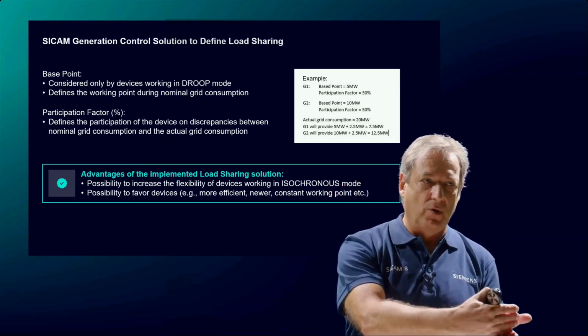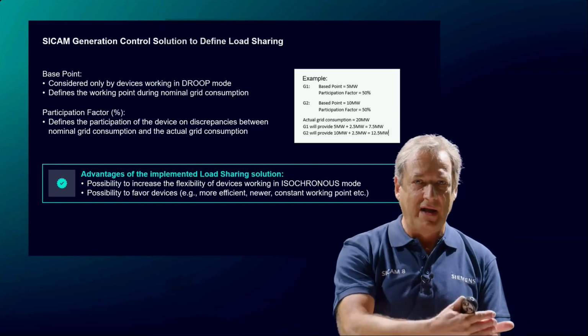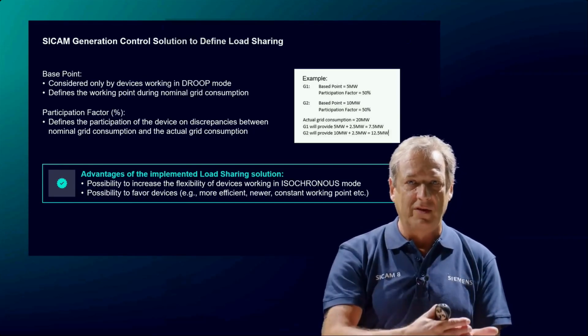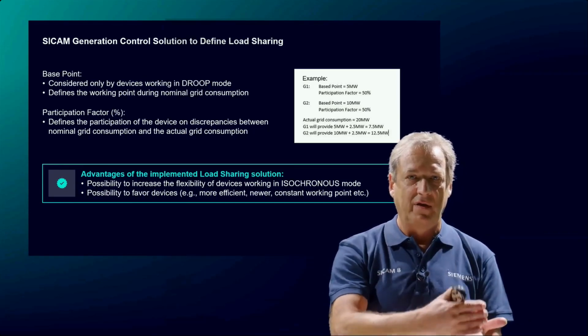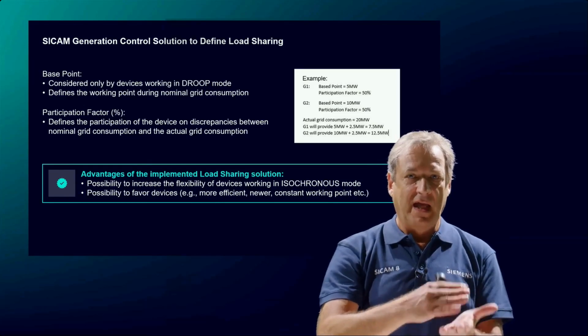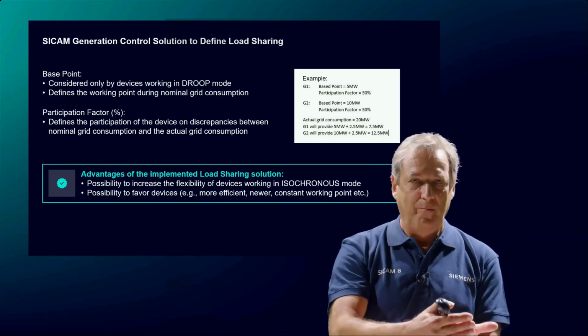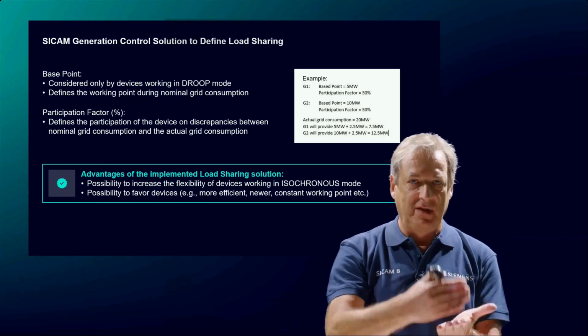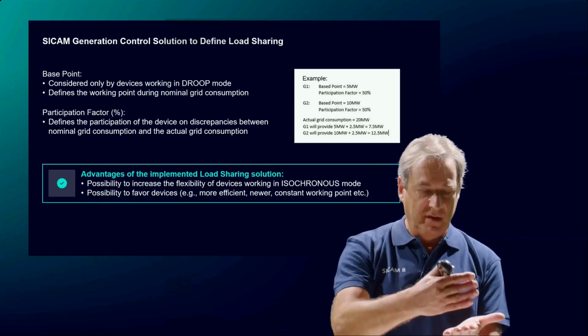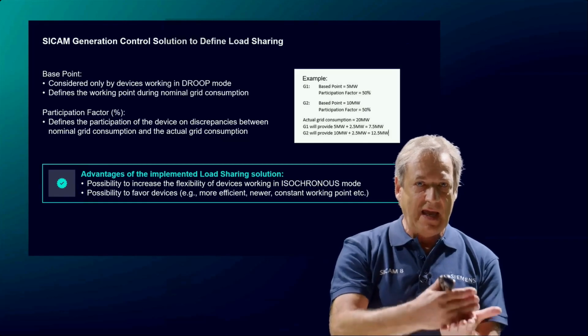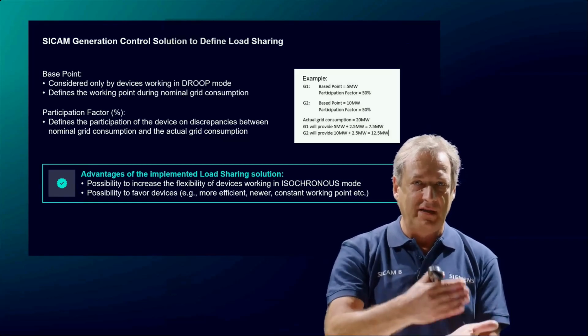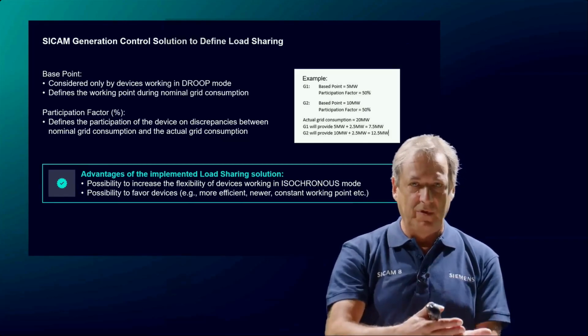In this scenario, the customer can define 98 megawatt as the base point and the participation factor at 0%. Means that this generator will run stably at 98% as long as more than 98 megawatt is consumed in the grid.